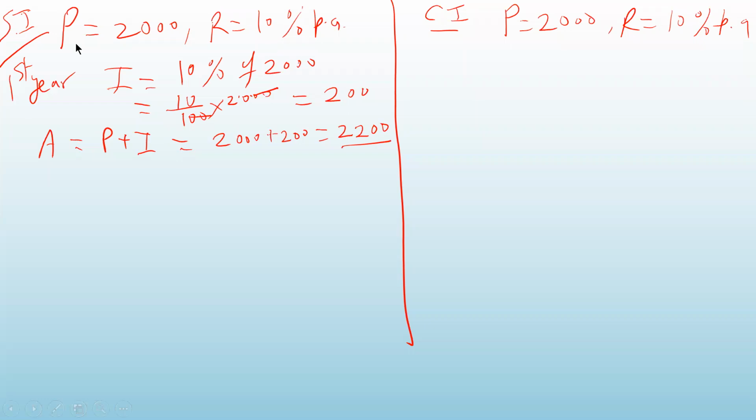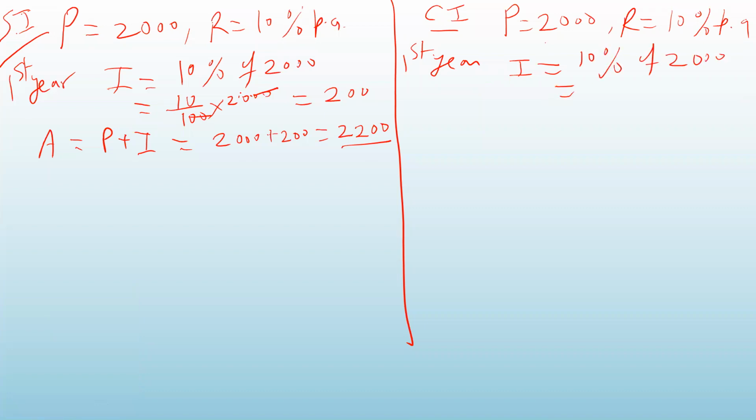Okay. In simple interest. Let us see what happens in the compound interest. First year, what is the interest rate? 10% again. So in first year, what will the interest be? 10% of 2000.